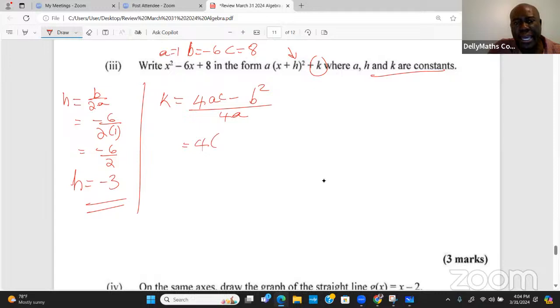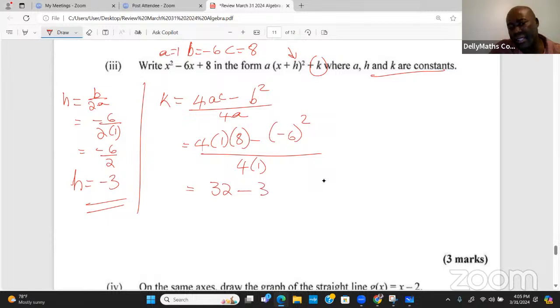So 4 times a, which is 1, times c, which is 8, minus b squared, -6 squared, all over 4a. A is 1. Keep working. 4 times 1 times 8, that's 32, minus -6 squared, which is 36, over 4. I'm almost there. This gives me -4 over 4. K is equal to -1. So there it is, my k value is -1.